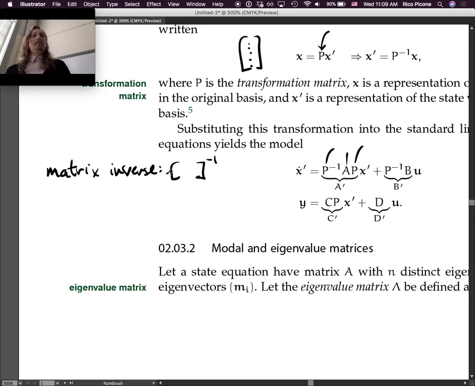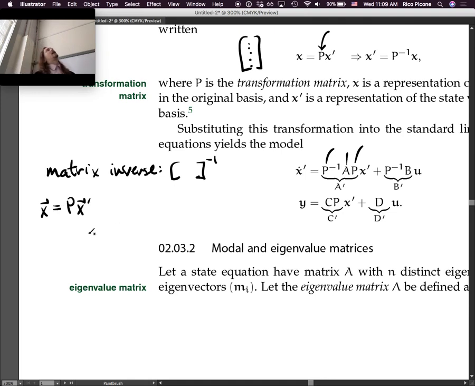But if our original matrix is P, you can think of P as being something that operates on x prime and gives you back x.